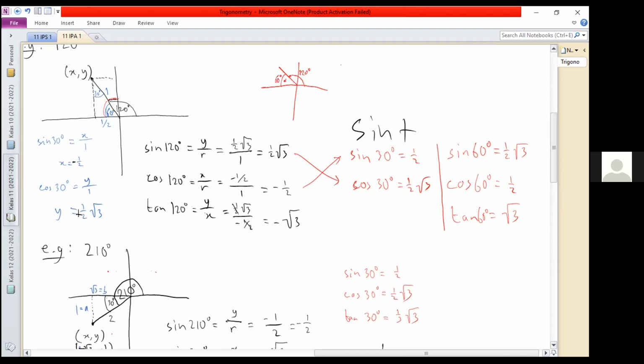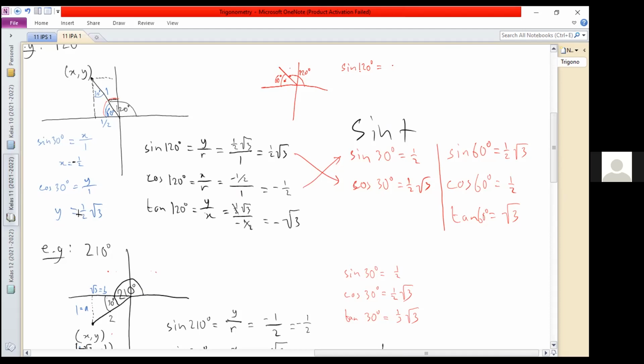And so we will get sine equal to sine of 60 degrees, and so on. So sine is equal to sine, cosine equal to cosine, and tangent is equal to tangent.